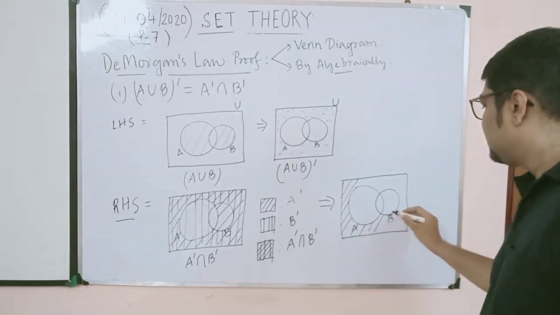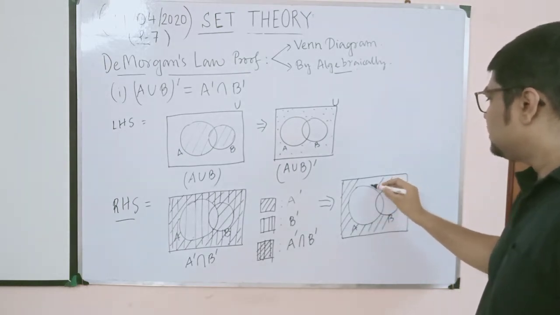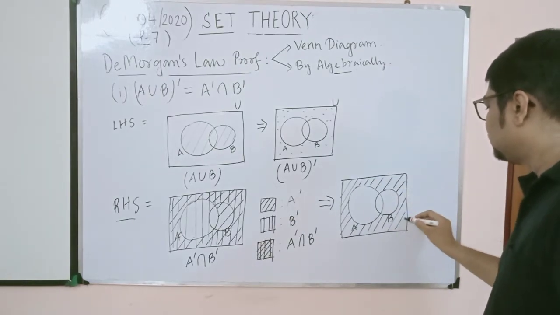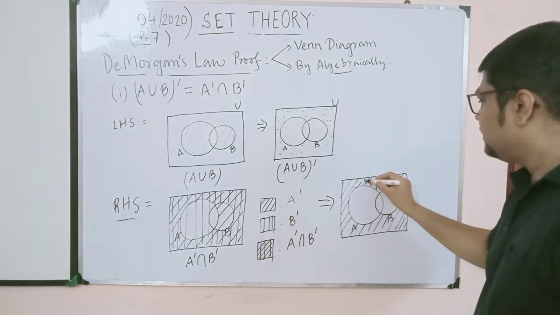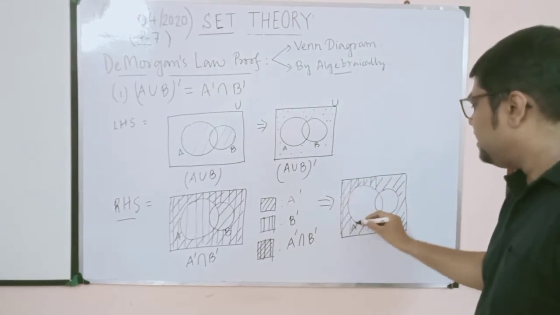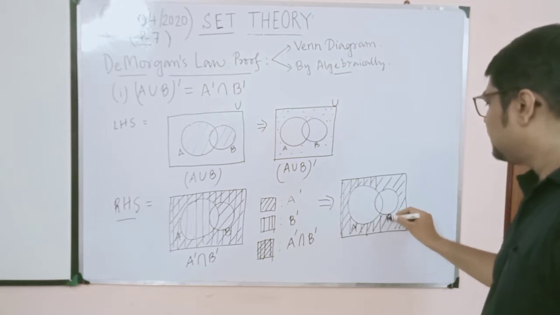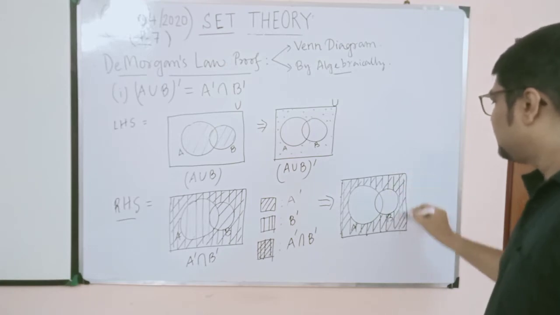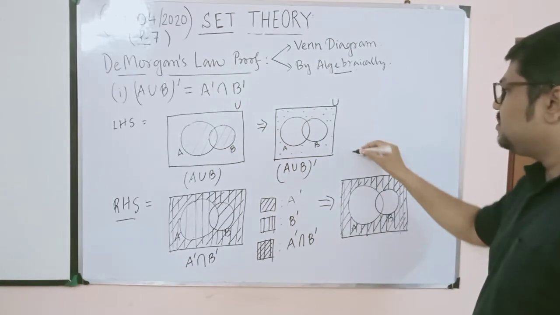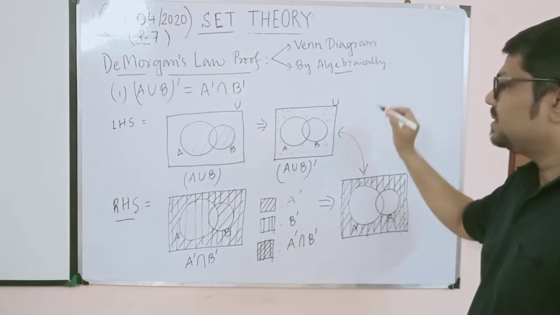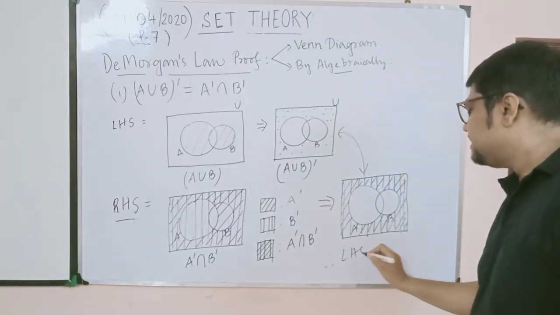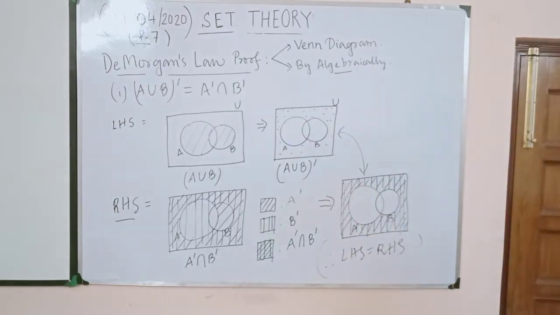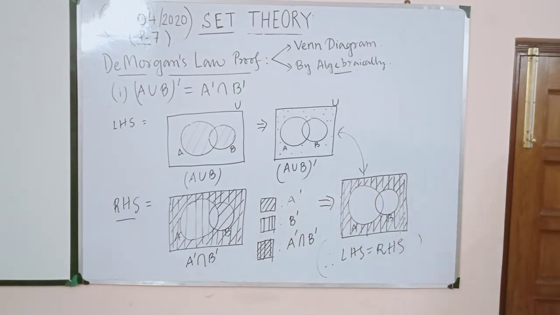Please look at it, try to understand. This will be like this, and the vertical shades as well. So these two diagrams are the same. Therefore we can write that LHS is equal to RHS. So by Venn diagram we have proved DeMorgan's law.